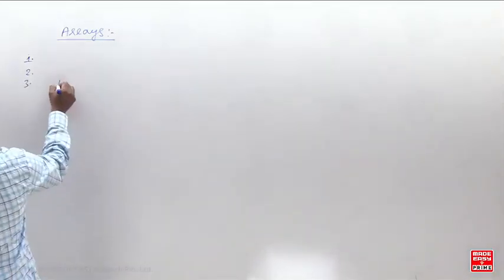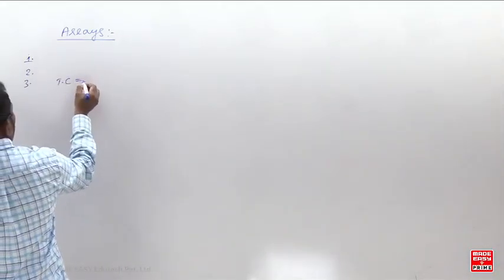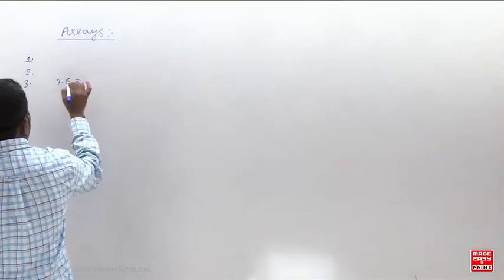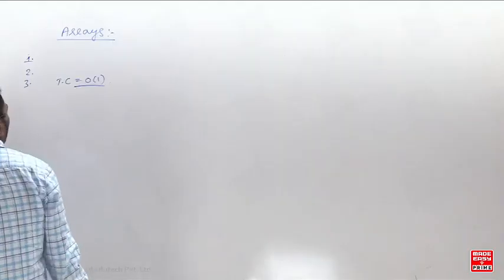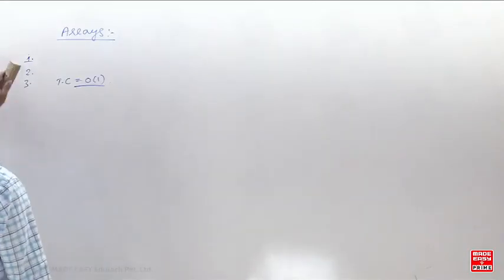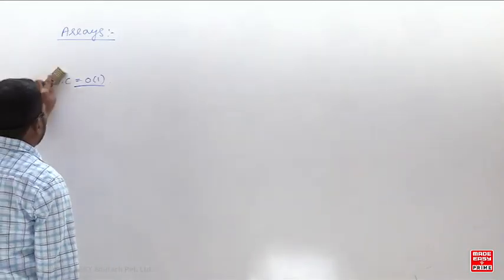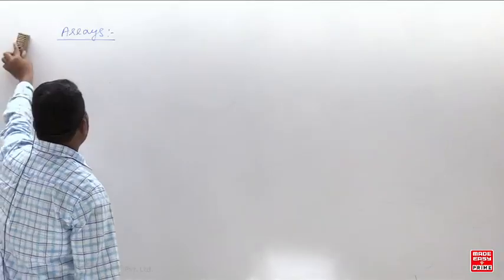Random access means the time complexity to access your element is constant, order of 1. That is a constant time to access your element.